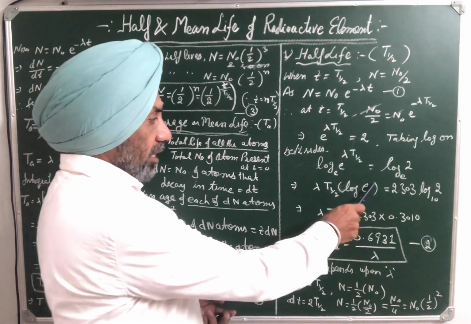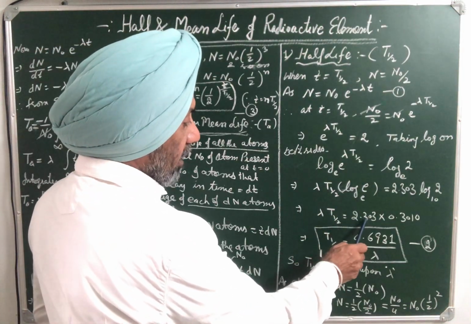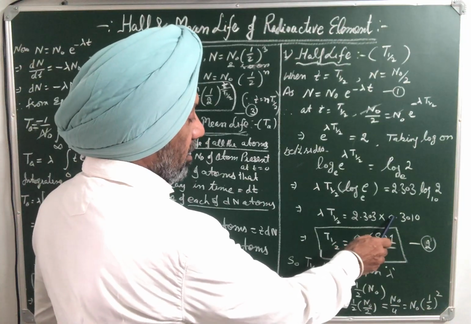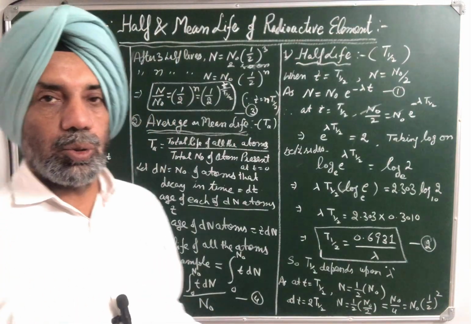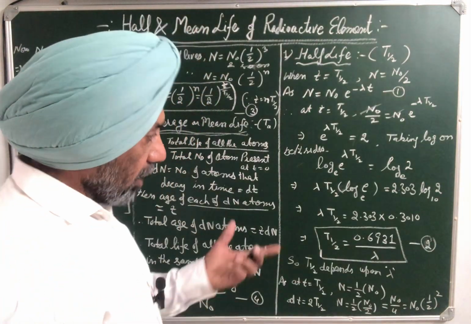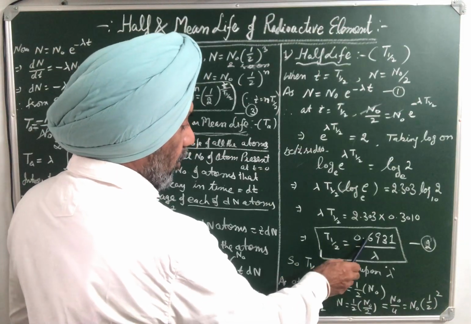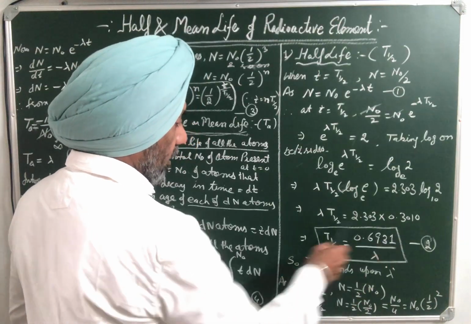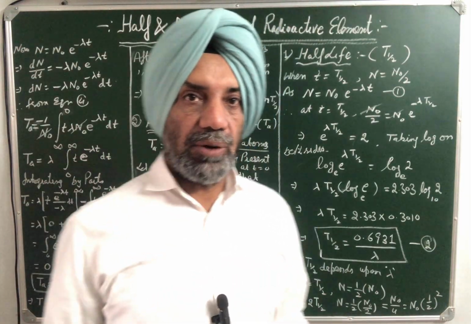So log e to the base e is 1. Therefore we have lambda t half is equal to 2.303 into 0.3010, which is the value of log 2 to the base 10 from log tables. If we simplify it, we get t half is equal to 0.6931 upon lambda, which is the required expression for half-life of a radioactive element.